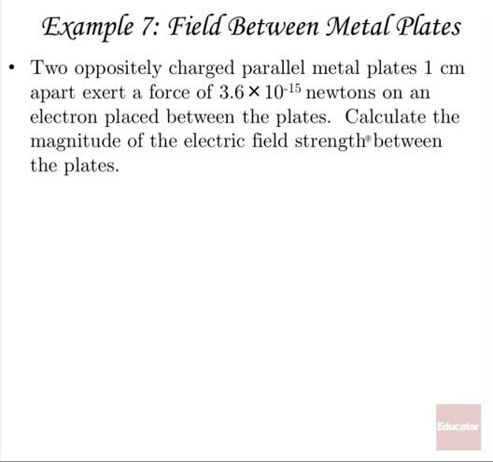Well, let's write down what we know so far. First off, our parallel plates are 1 centimeter apart, so the distance between our plates is 0.01 meters. There is an electric force of 3.6 times 10 to the minus 15 newtons on an electron. What do we know about an electron? Its charge is negative 1e, or negative 1.6 times 10 to the minus 19 coulombs.